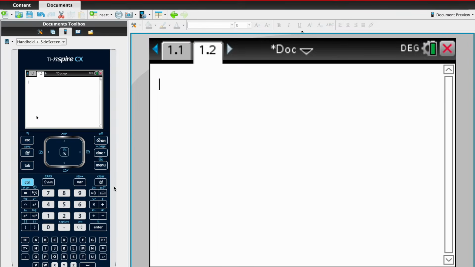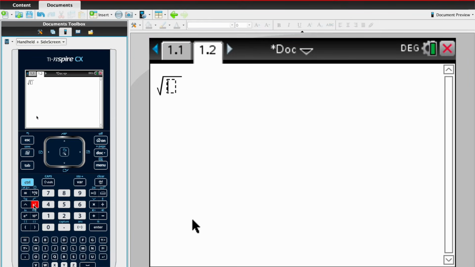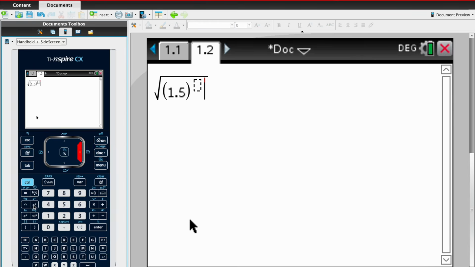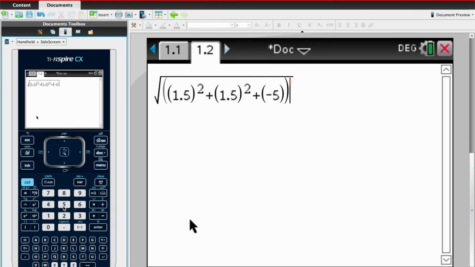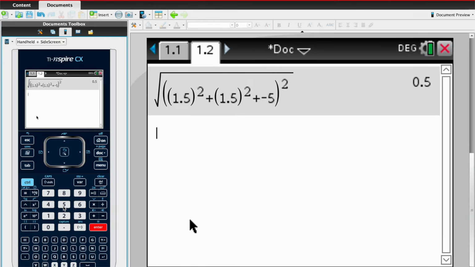So here we are. Set up a square root and then input the values. So 1.5 squared plus 1.5 squared. Don't need our brackets, but I'll put them in anyways. And then plus, here we definitely need the brackets because we want a negative multiplied by itself, -5 multiplied by itself. All right, and then the answer in the end, whoops, that didn't work out.